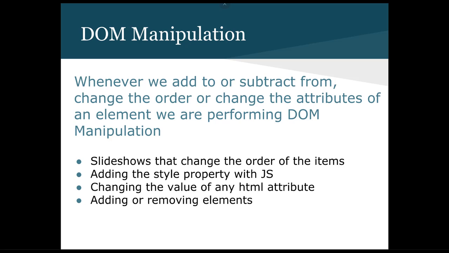When we add new elements to the live DOM, or when we add, remove, or change classes, attributes or properties of any elements on the page, or the values of those things, these are all examples of document object model manipulation. Notice that I said live DOM.